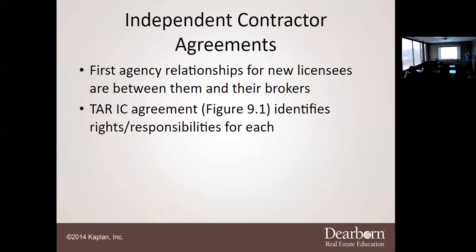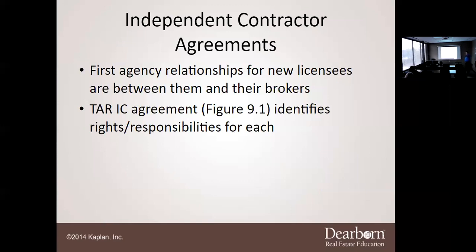Now, what we're talking about from this aspect is this. Say Miss Linda or Mr. Eugene or Miss Davenport, you decide to come on with me. This is the only time that there's a relationship between you as an agent and the broker, when a client's not involved. So like with Mr. Travis, me and Mr. Travis, we have an independent contractor agreement.